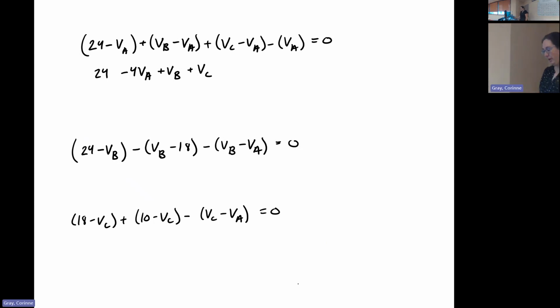If we look at our equation for node B, we're going to have 24. We do not have minus VA. We have minus VB, minus VB, minus VB, should be minus how many VBs? 3. Yep. Equals 0. And then if we look at our final equation, we have plus 18, sorry, what's 24 plus 18? 42.